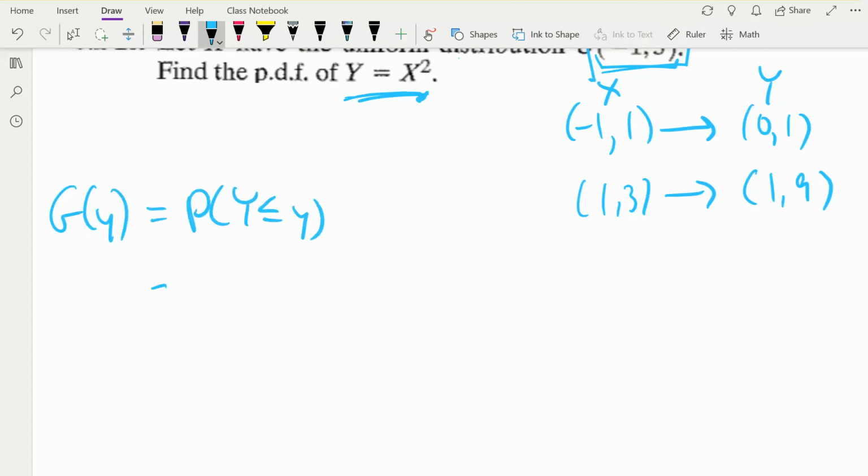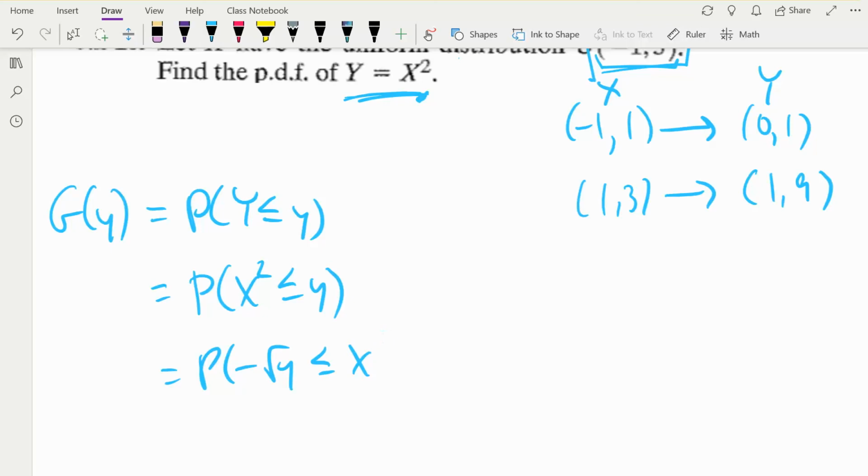And I'll hurry. This part we've written a few times, right? And negative root y is less than x is less than root y. Now, when's the only time we have to worry about the negative root y part?